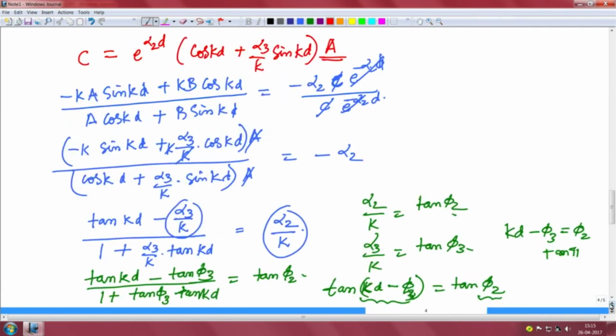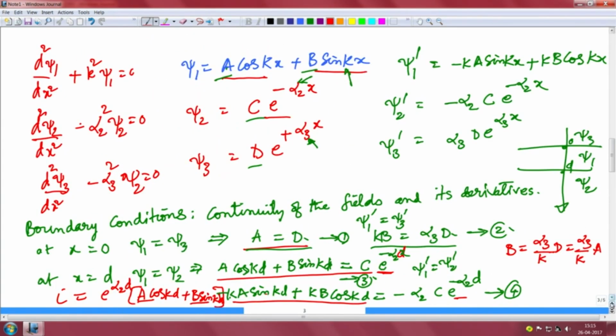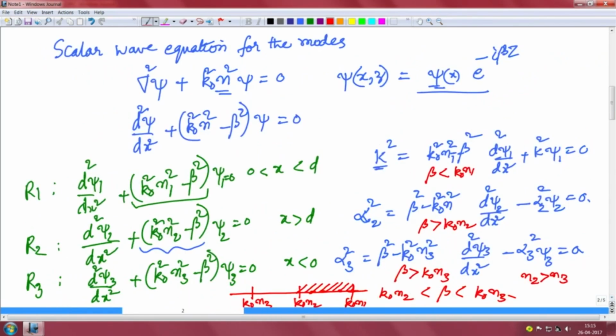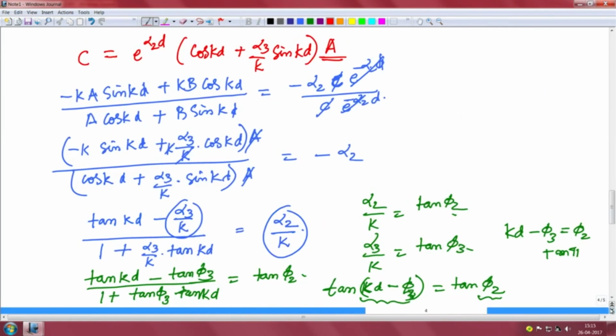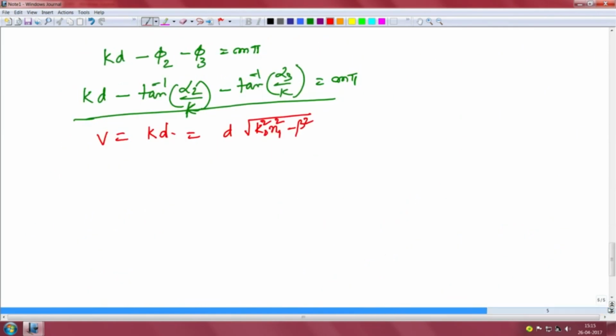Let us go back and see what is k. So, we have defined k as k0 square n1 square minus beta square. I will simplify this by defining an arbitrary constant, the normalized propagation constant.